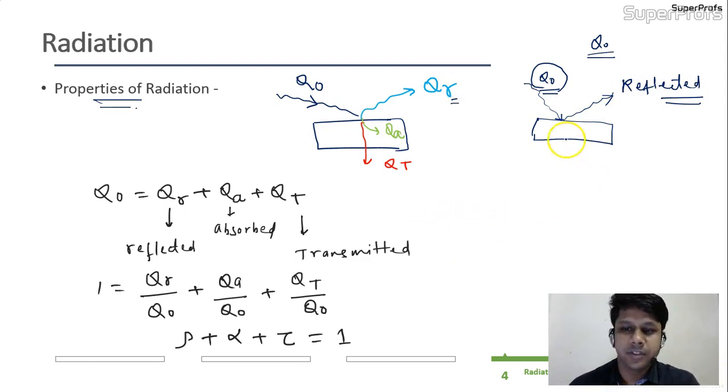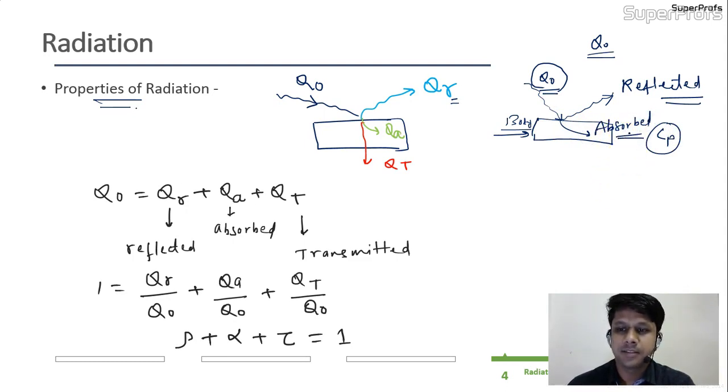What is the second possibility? This body can absorb some of the heat because it has some specific heat or heat capacity. So absorbed heat, and let us say this absorbed heat we are denoting with QA. So this is the absorbed amount of heat.